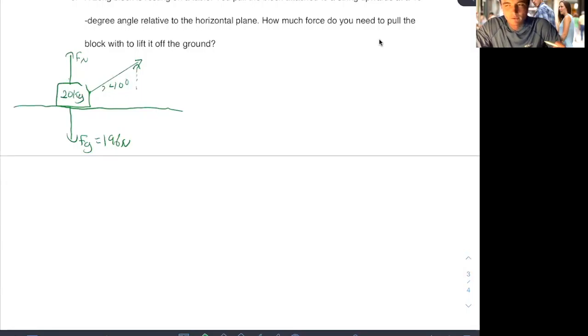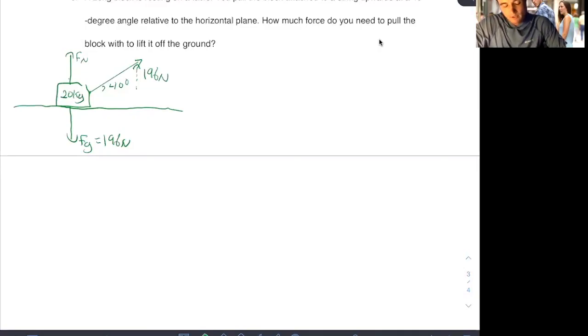Well, the force due to gravity is 196 newtons. We have to overcome that force. So we need at least to pull it upwards with 196 newtons.